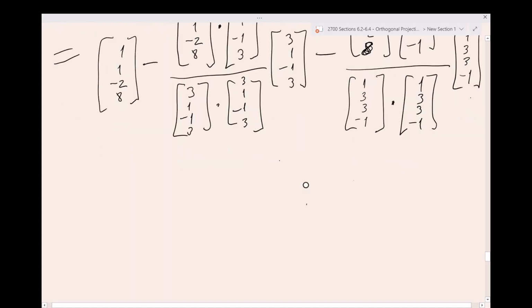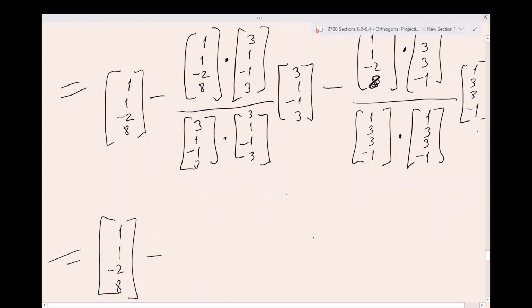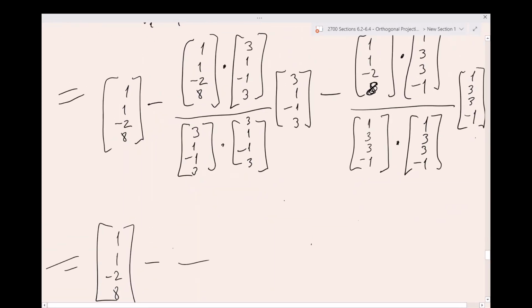So I've got my 1, 1, negative 2, 8. And then minus, let's figure out this fraction here. I've got 3 plus 1, so that's 4, plus 2, so 6, plus 8 times 3, so 6 plus 24 is 30. On the bottom here, we already did this once: 9 plus 1 plus 1 plus 9 is 20.